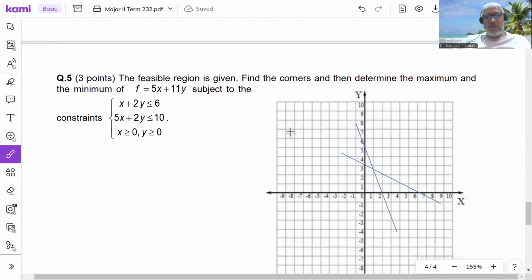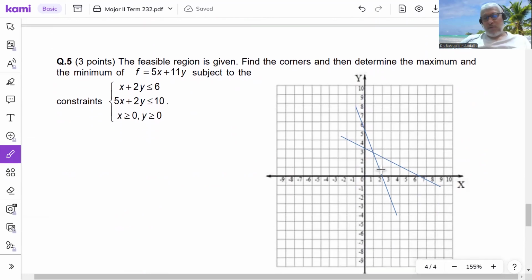The feasible region is given. I assume if he says the feasible region is given, it should be dashed like this. Even if the feasible region is not given, you can find it, because you can find the line x plus 2y equals 6.